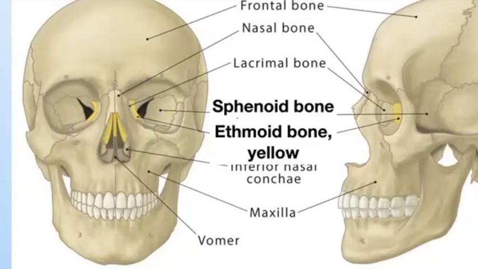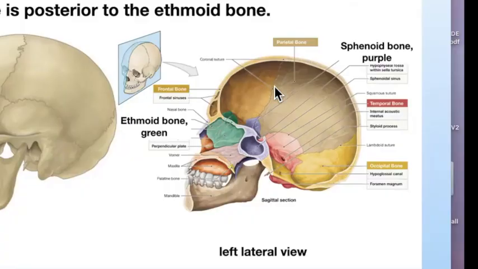And these pictures are nice and they're real, and they're helped a lot if we look at a sagittal section of the skull, giving us a left lateral view of the right half of the skull. And we see that we went from the front, the frontal bone, the parietal bone, the occipital bone, and now we've gotten to the sphenoid bone shown in purple and the ethmoid bone shown in green.